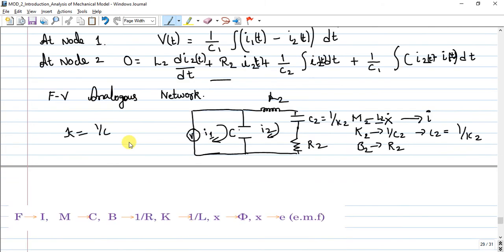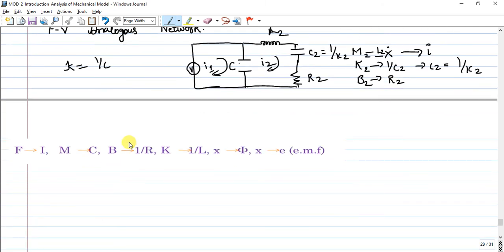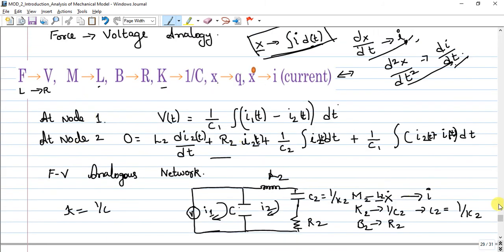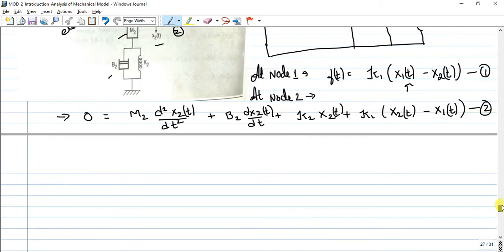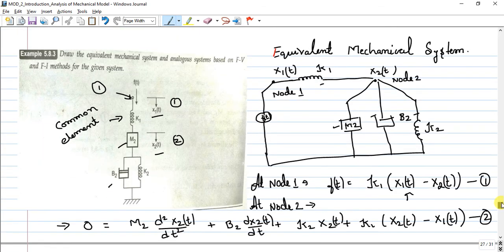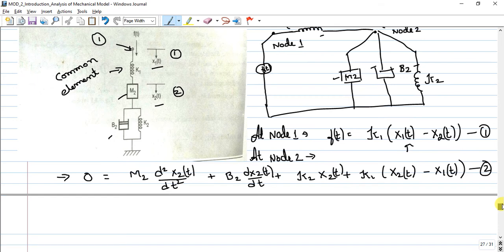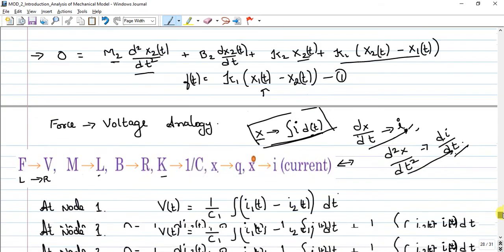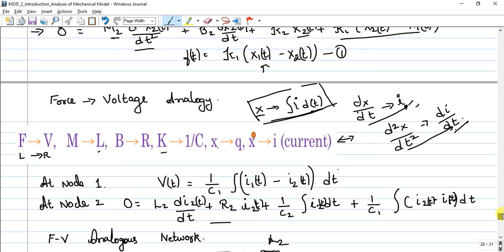Same, we shall consider the force current analogy. How to represent? Step by step I will tell you. We have considered the mechanical system, rewritten its equivalent mechanical system and obtained the differential equation. Later, by considering the force voltage analogy, the replacement has been done at node 1 and node 2.